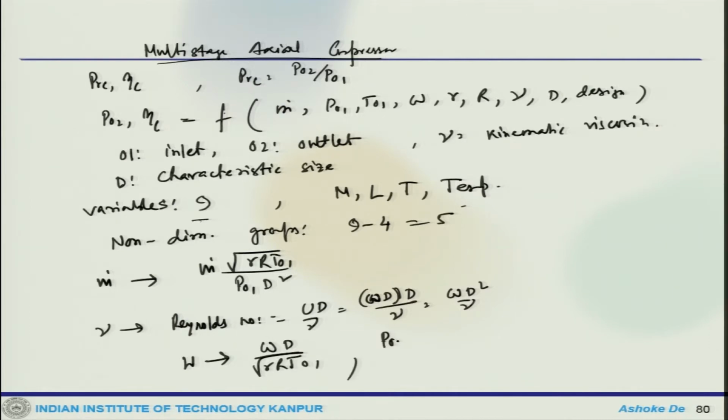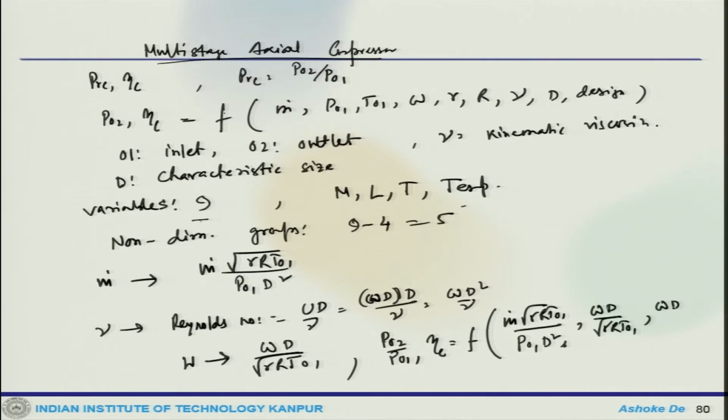So P naught 2 by P naught 1 and eta c are functions of m dot root of gamma R T naught 1 by P naught 1 d square, omega d by root of gamma R T naught 1, omega d square by nu, and design.